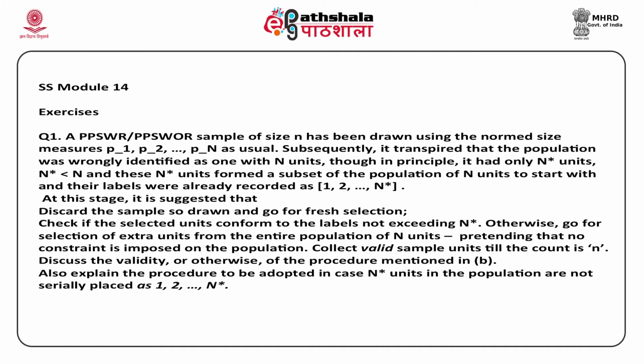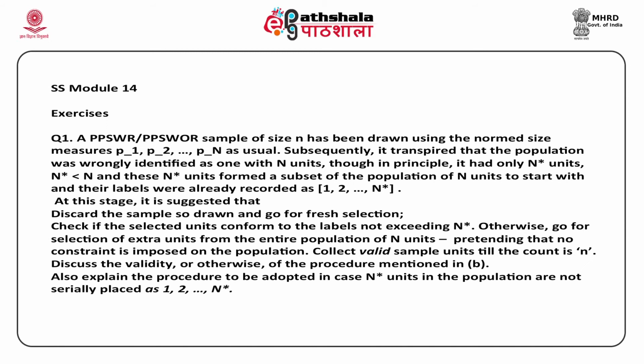At this stage, it is suggested that you discard the sample so drawn and go for fresh selection. The other approach is to check if the selected units conform to the labels not exceeding n star. You have already taken a sample, check if the selected units conform to the labels not exceeding n star, because n star is your limit.